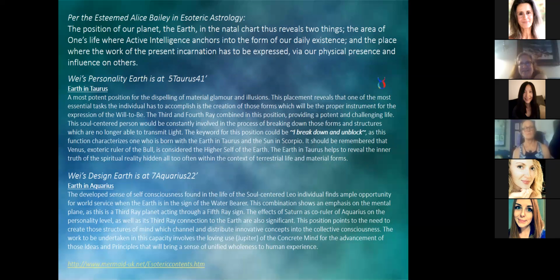Interestingly, quite poetically, Wei has her personality, her natal earth is in Taurus, which is super cool. And so with the earth in Taurus, the most potent position for, I would say, the earth, but it's a potent position for dispelling the material glamour and illusions.